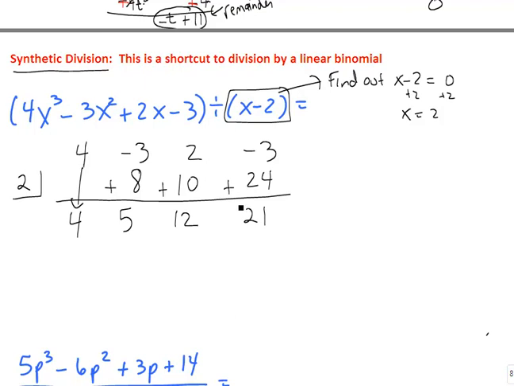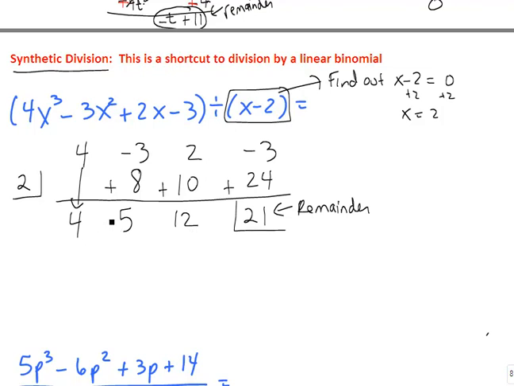The number on the end is your remainder. So if this had been 0, then our linear factor x minus 2 would have divided in evenly. Since it's not a 0, that means we have a remainder. The numbers that we have over here below the line are the coefficients of our quotient.